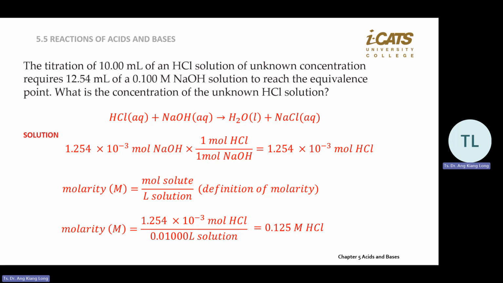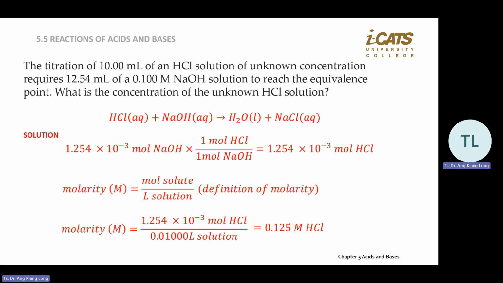So if you want to look at only NaOH, you write 0.1 M equals 0.00125 mole over volume. You don't know the volume. You don't know how many liters you need. So you move things around. So how many liters?